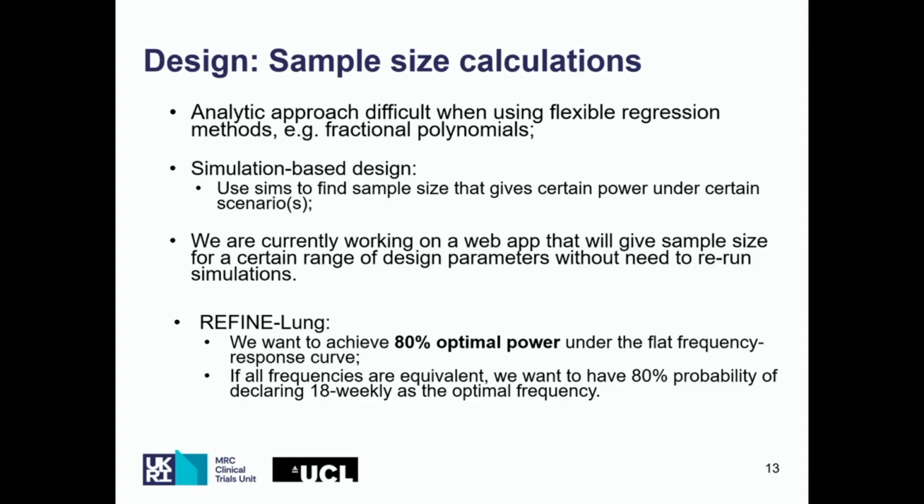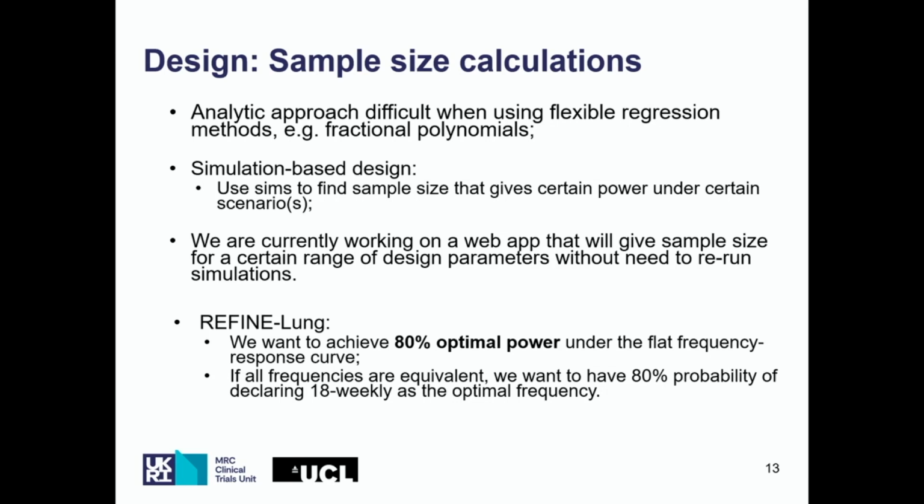But we are currently working on a method to do exactly that, an analytic approach to sample size calculation rather than a simulations-based one. And we're planning to release a web app that will give the sample size for a certain range of design parameters and assumptions.